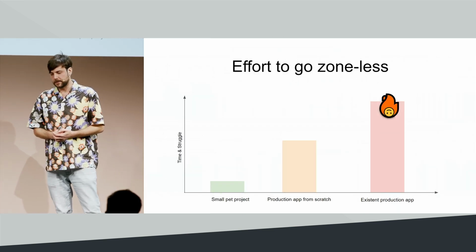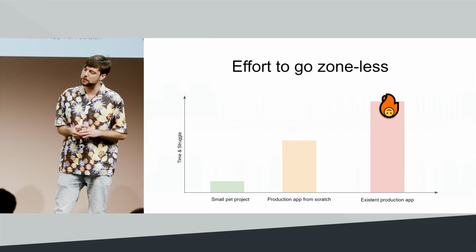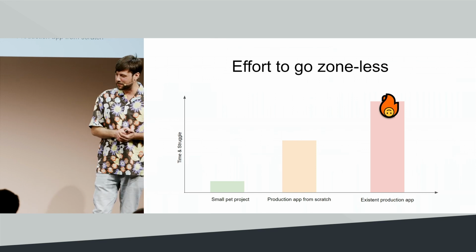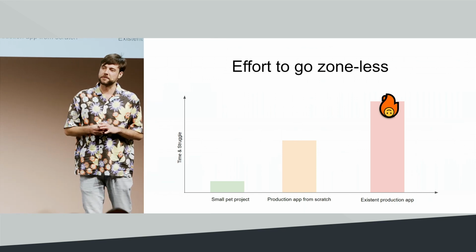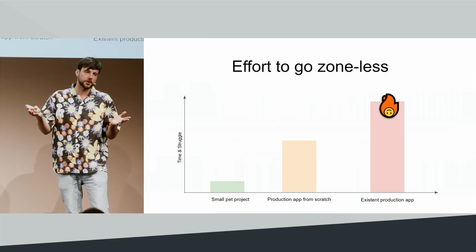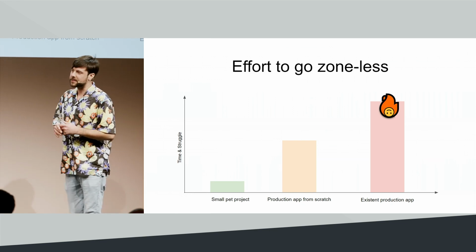I will pitch a little bit of estimates for you. We refactored a lot of applications, and this is what our first impression was a couple of years ago when we tried to do that. If you have a small pet project, obviously you can go zoneless. Very easy. There is nearly no effort.